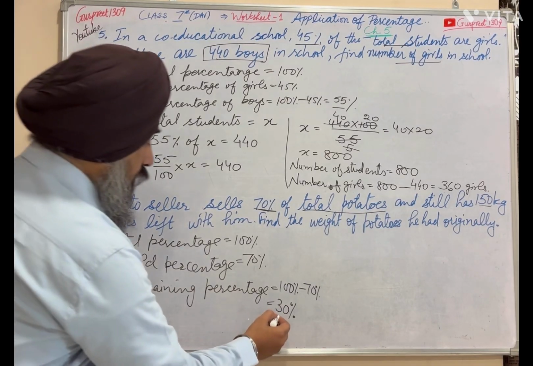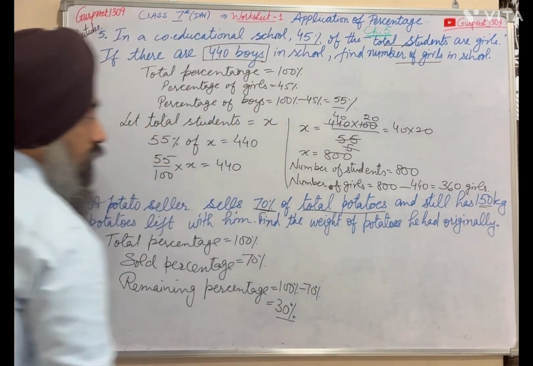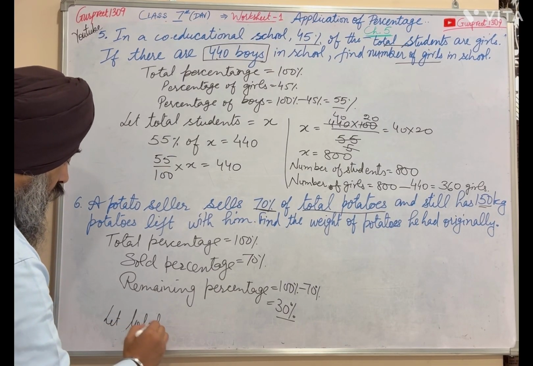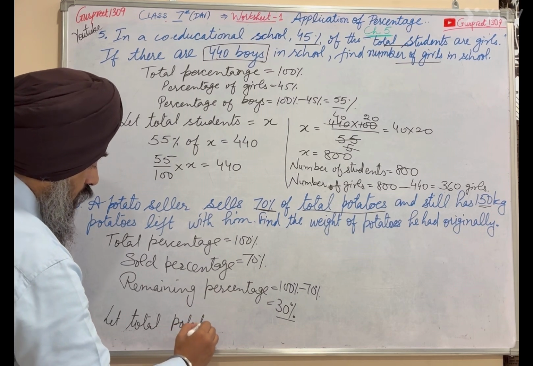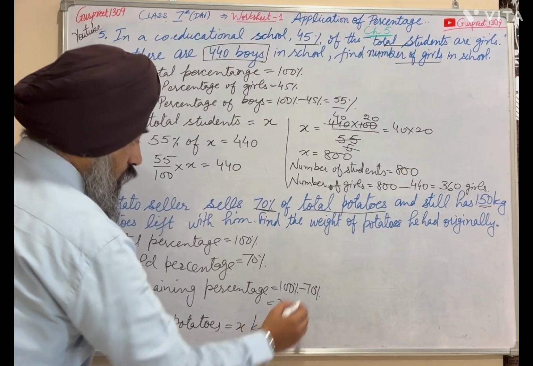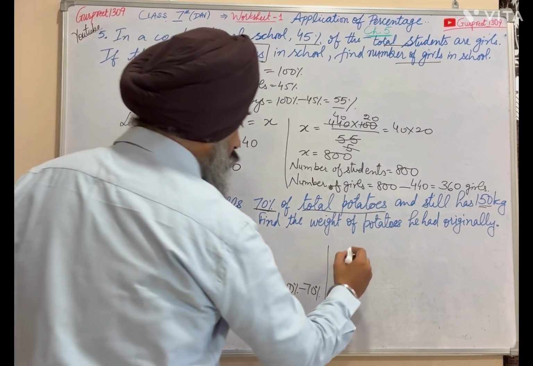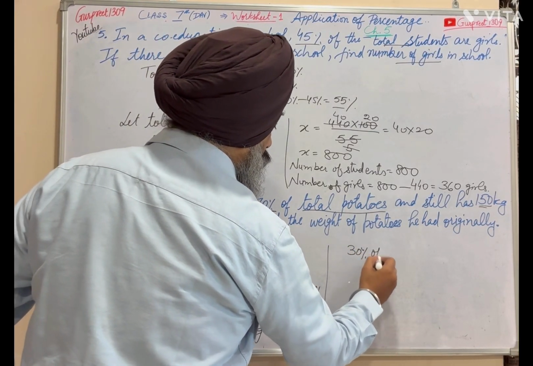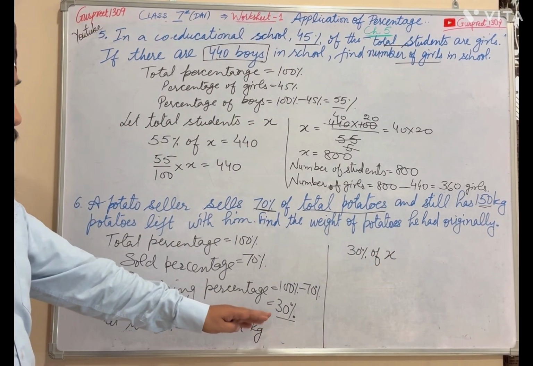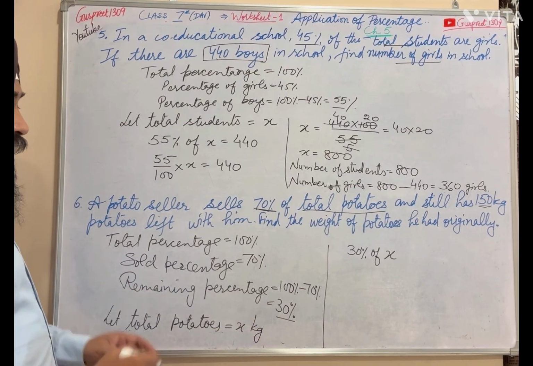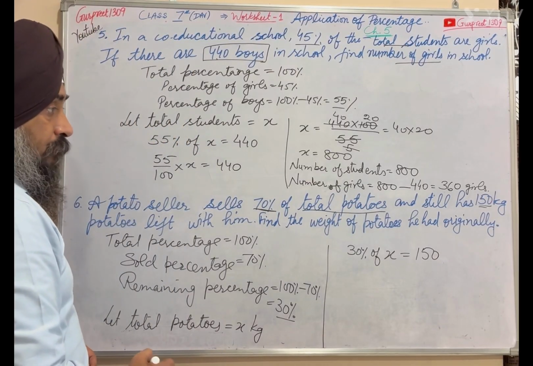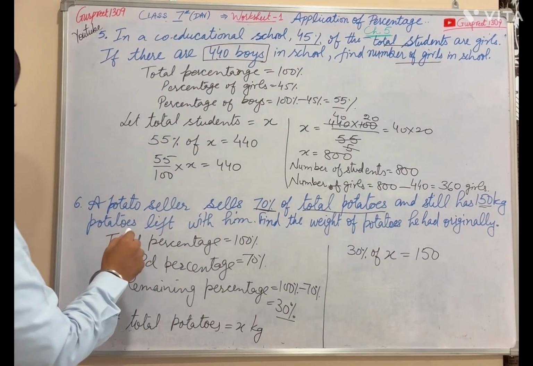The 30% is left. So that means 30% is equal to 150. So let the total potatoes be x kilograms. Total is x, and now 30% of x is the remaining, what is left. 30% of x is equal to 150, because this is the potatoes left.